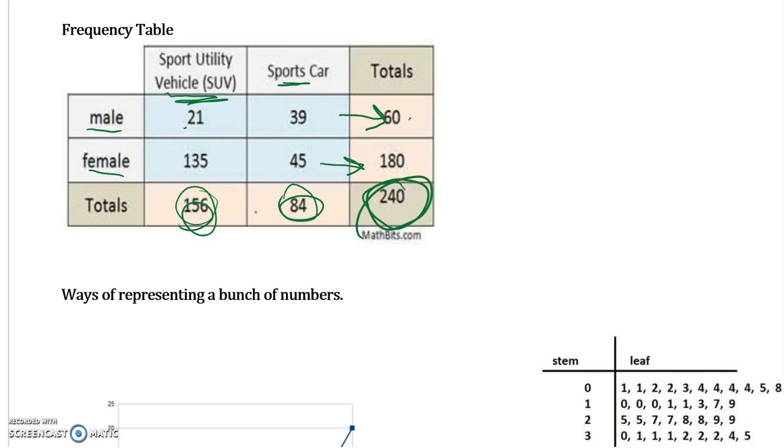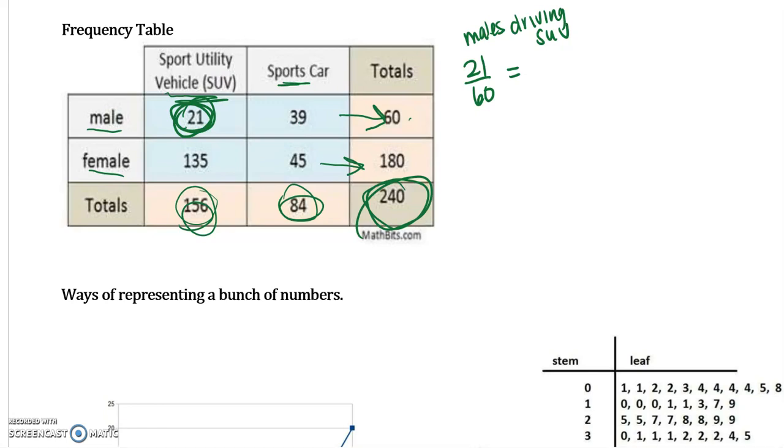So if it wanted to know the percentage or the probability of males driving an SUV, you would take the 21 and you would divide it by 60. And calculate that by popping it in your calculator.